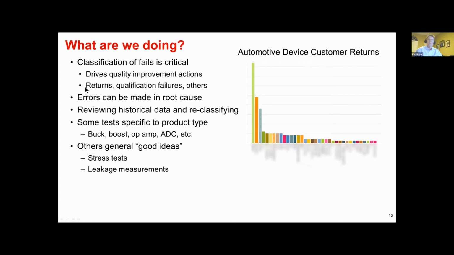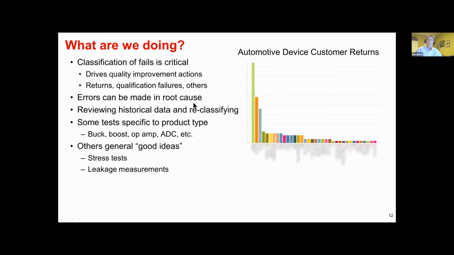We take it from returns, from qualification failures, and from other situations, like burn-in test. So particularly in automotive and industrial applications, we must be able to get the root cause quickly, in order to explain what happened to the customers and put in corrective actions so that these things don't repeat in future manufacturing situations.